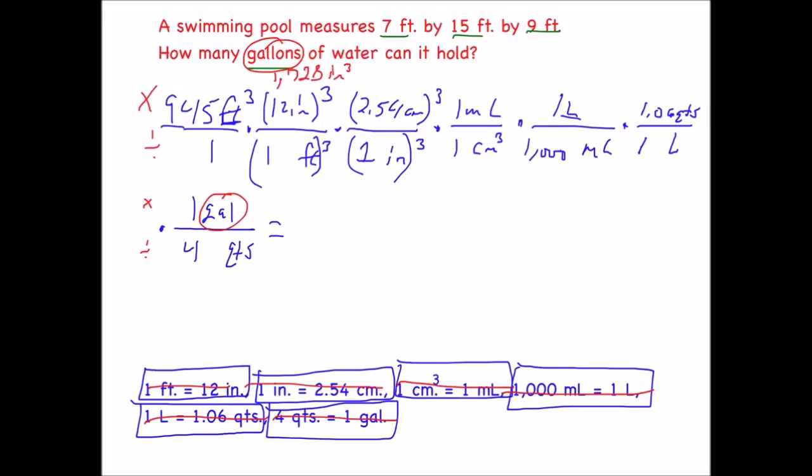And 2.54 times 2.54 times 2.54 is 16.38706.4. That is a terrible 6 centimeters cubed. And then, of course, down here, 1 times 1 times 1 is 1 foot cubed. And 1 times 1 times 1, 1 inch cubed.